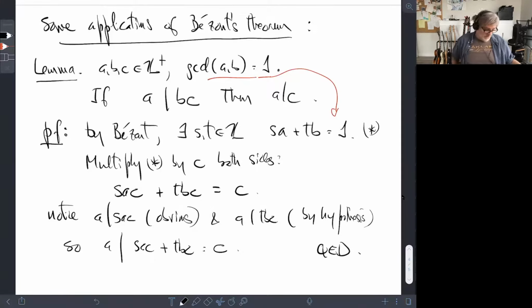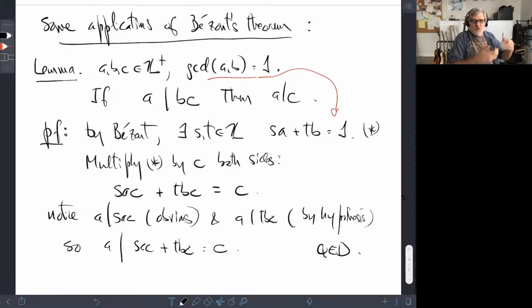Okay. Because I can express one as a combination of A and B, and this is going to come back quite often, things will happen here. So Bézout is giving me this expression. Notice that I don't need to know what S and T are. I only need Bézout.